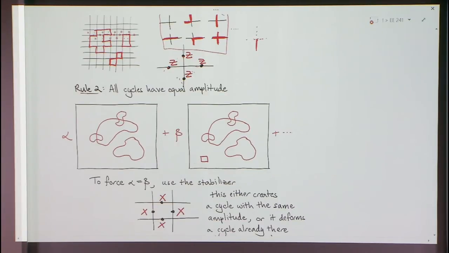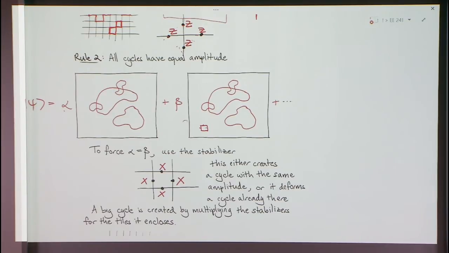We can have a stabilizer that acts on these qubits here, here, here, and here: X tensor X tensor X tensor X. If we say that this state psi is in the +1 eigenspace of X tensor X tensor X tensor X, that means alpha has to equal beta, because that operator switches these two terms. That's how we enforce that these terms have equal amplitude.